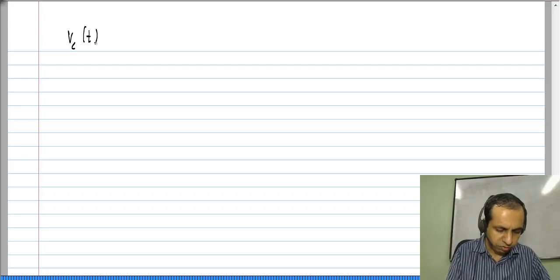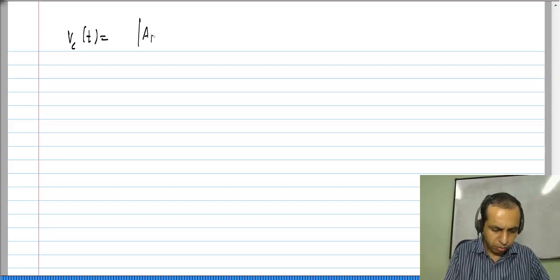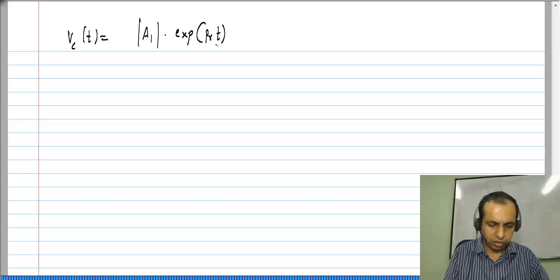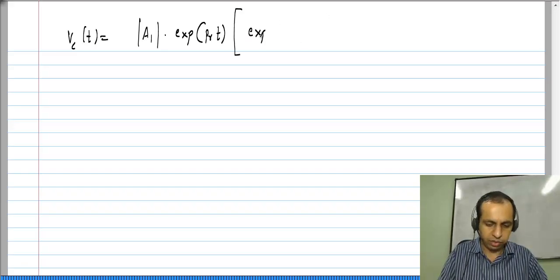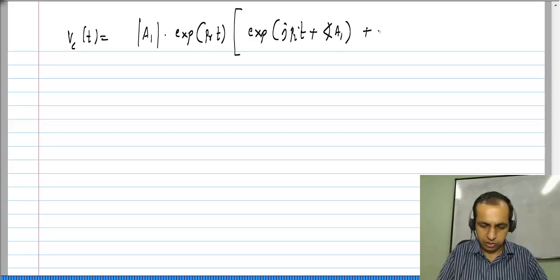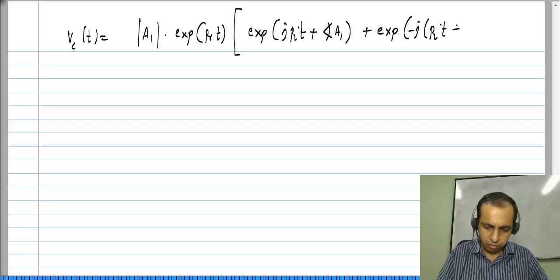Substituting that, what we will get is Vc of t is the magnitude of A1 exponential PRt. This will be a common factor to the whole thing, and then we'll have exponential j(PIt plus angle of A1) plus exponential minus j(PIt plus angle of A1).